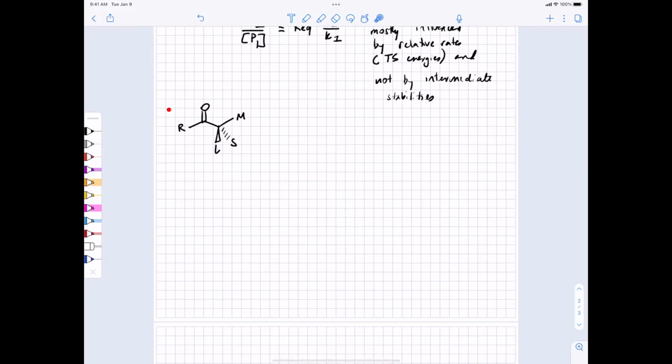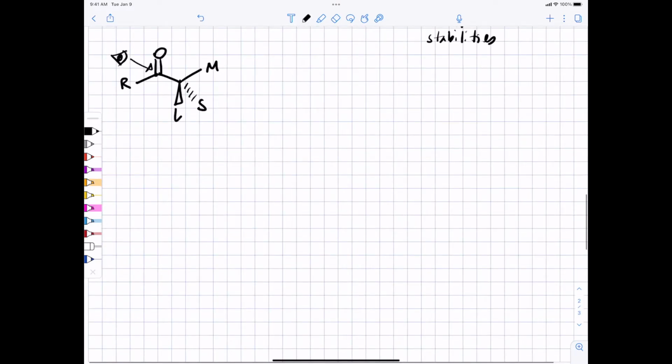So we're going to actually look at this ketone on its edge so you can see the difference between both of those faces. And I'm going to draw, we're looking at the sp2 hybridized carbon, so here's that R group, and then for this alpha carbon in the back, right now it looks like the medium group here, a large group here, and the small group here.